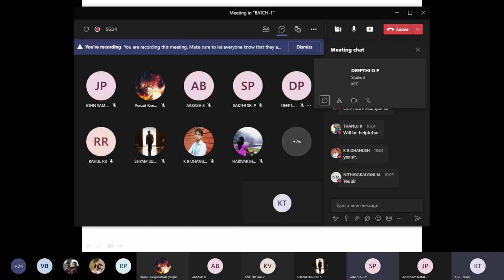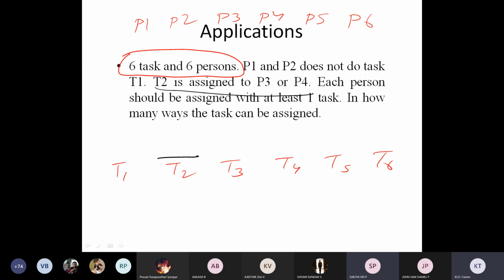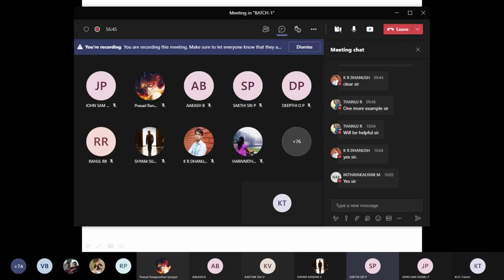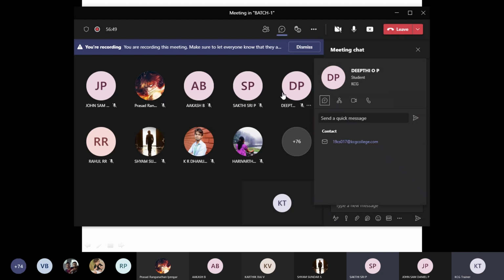You're not getting the point. It is given in the question only. P1, P2 do not do task 1. T2 is assigned to P3, P4. So the condition is given for only T1, T2. T3, T4, T5, T6 have no conditions. What is the condition for T2? To which person can I give the task?